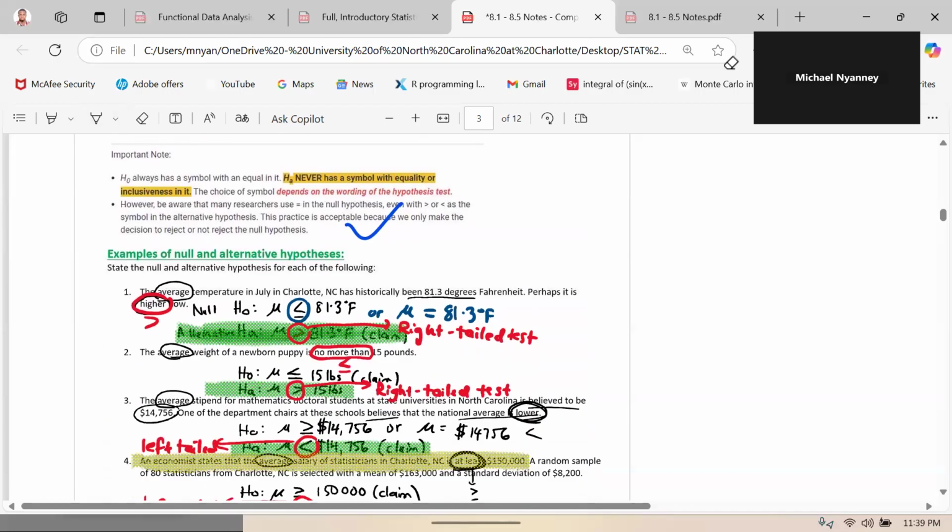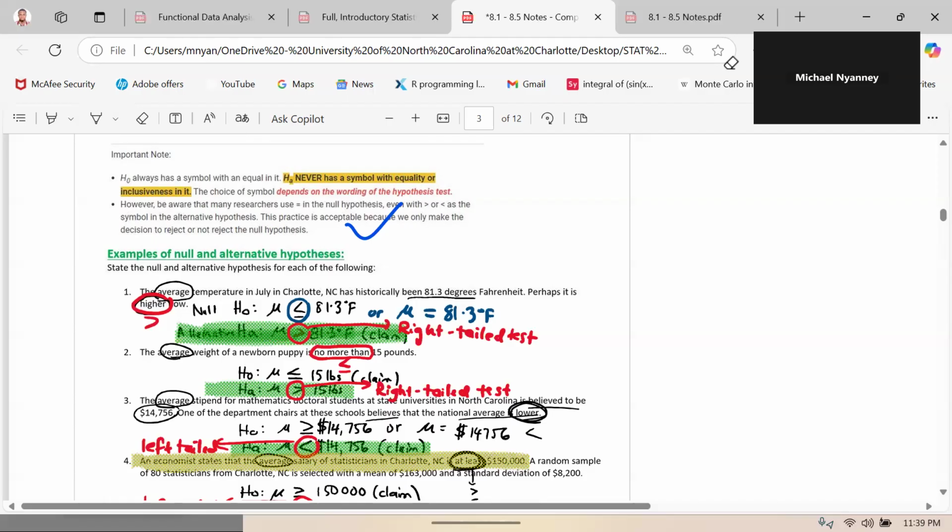So these are some examples for us to write our hypothesis. We have to write our H naught and HA. But here we have a word problem, so you have to convert a word problem to a mathematical statement and use the right mathematical symbols. So we have the average, so we are focusing on the mean. Average means mean.